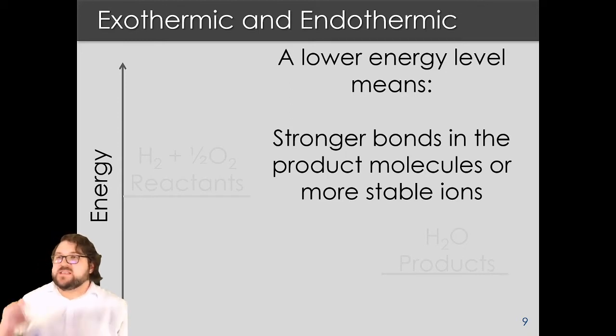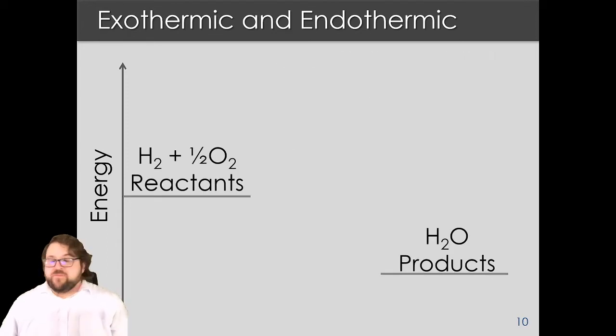So if we went back to thinking about the copper and the zinc, for instance, swapping their electrons, and where we said that zinc is a more reactive metal, so it forces its electrons onto the copper. So a lower down line there means more stable bonds or ions or something like that.